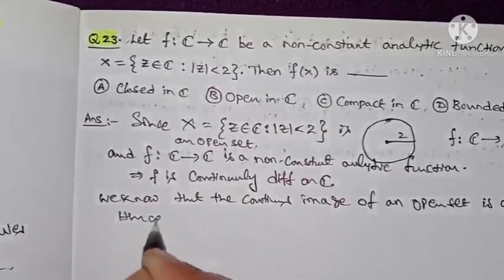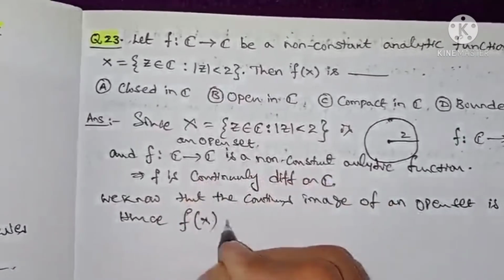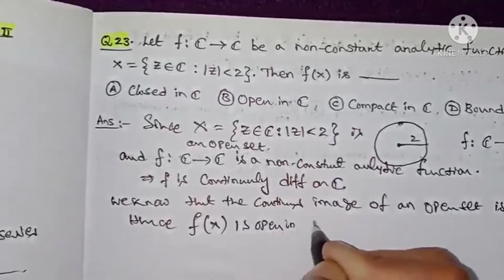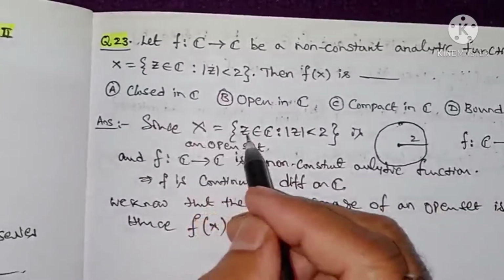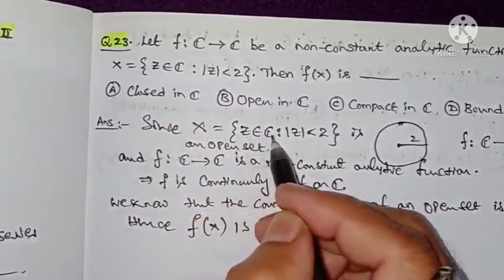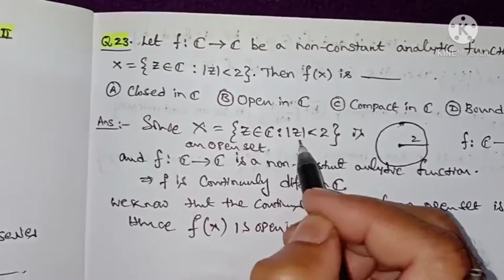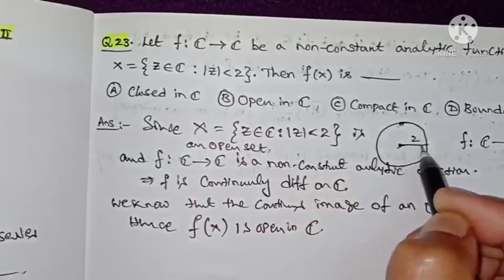Hence we have the image of X, that is f of X, is an open set in the complex plane C, because f is a mapping from C to C, and here X is equal to the set of all complex numbers z belongs to C such that modulus of z is less than 2. So this is a set which represents an open ball with center 0 and radius 2.